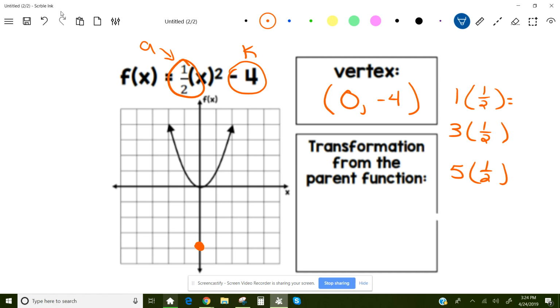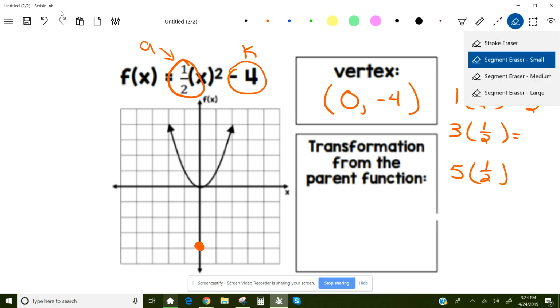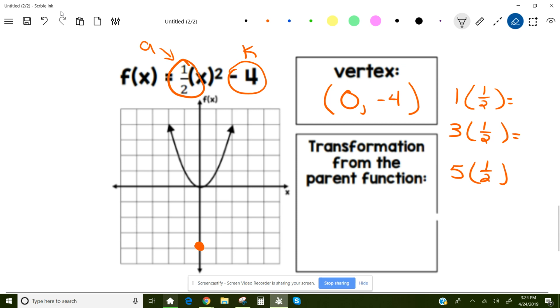So 1 times 1/2 is 1/2. 3 times 1/2 is, we're going to actually write this as a decimal. Makes it easier to graph. So that'll be 0.5. 3 times 1/2 is 1.5. 5 times 1/2 is 2.5. So it makes it much easier to count.